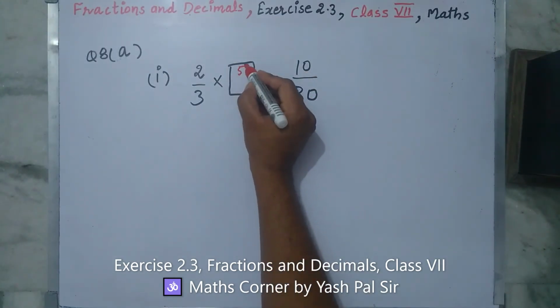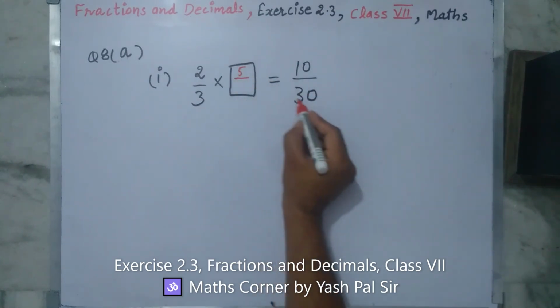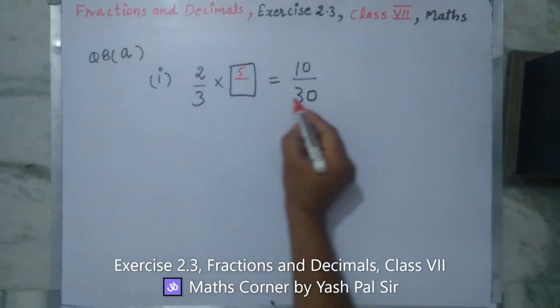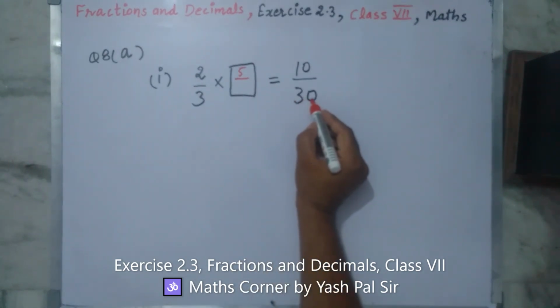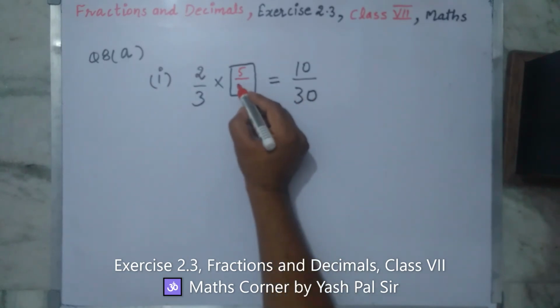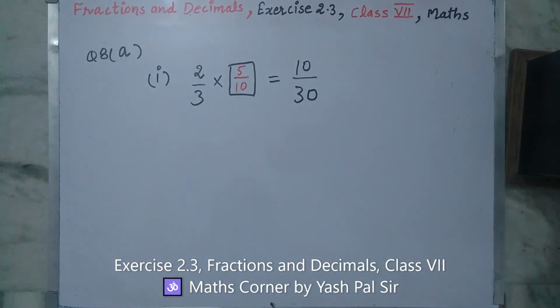This is 5. 2 into 5, 10. Similarly, for the denominator, 3 into which number is to be multiplied so that answer is 30? 10. 3 into 10 is equal to 30.